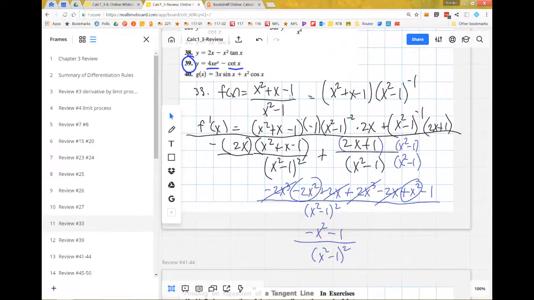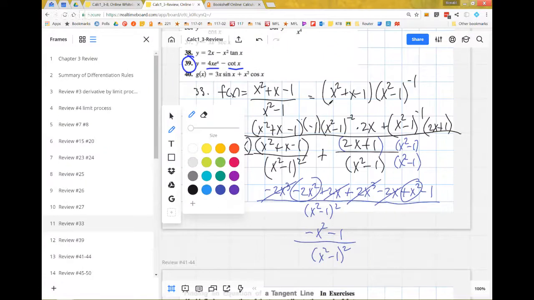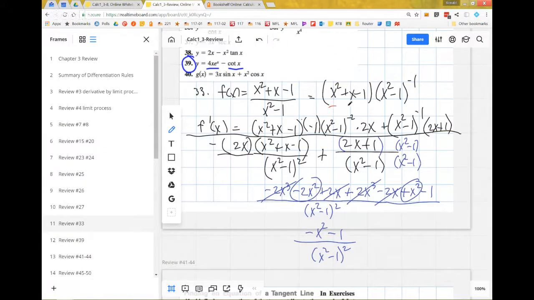So one more time, I rewrote this like this. So x squared minus 1 to the negative 1 describes that x squared minus 1 in the denominator. Now, all right, I can use the product rule.